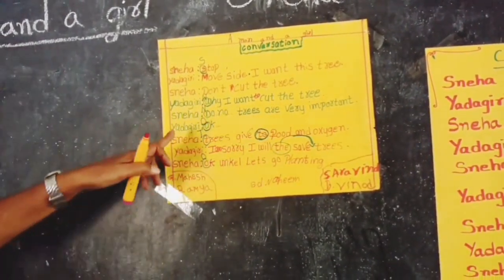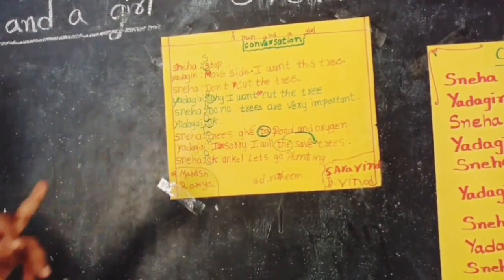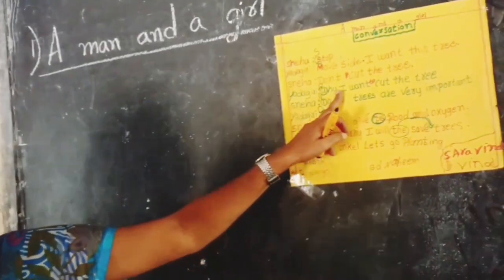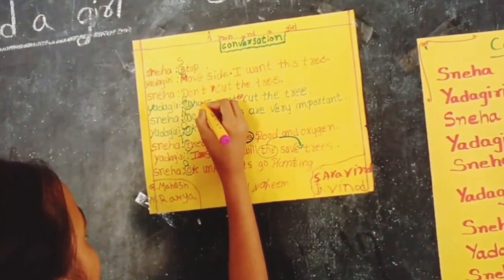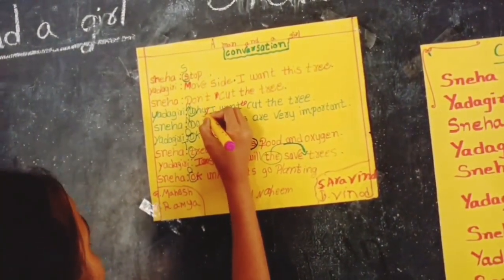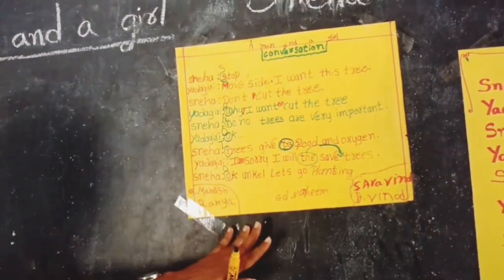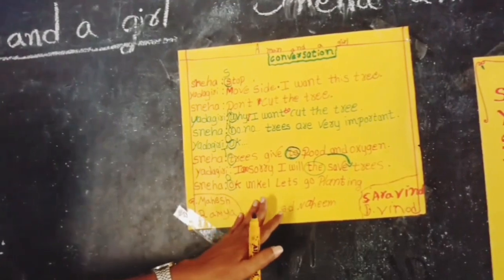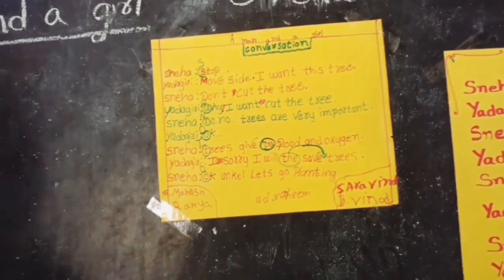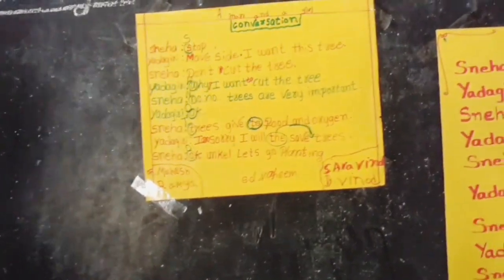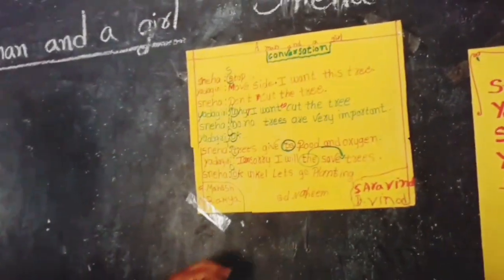Do you need to add anything after why? Question mark. Who will do that? Ramya? Why? Okay. Yeah. So, do you need to add anywhere else? Okay, uncle. What do you want to do here after uncle? Full stop. Come on. You need to add a full stop here.